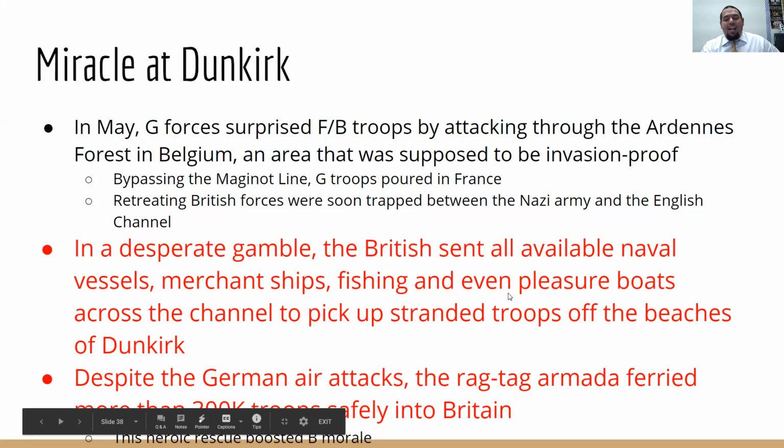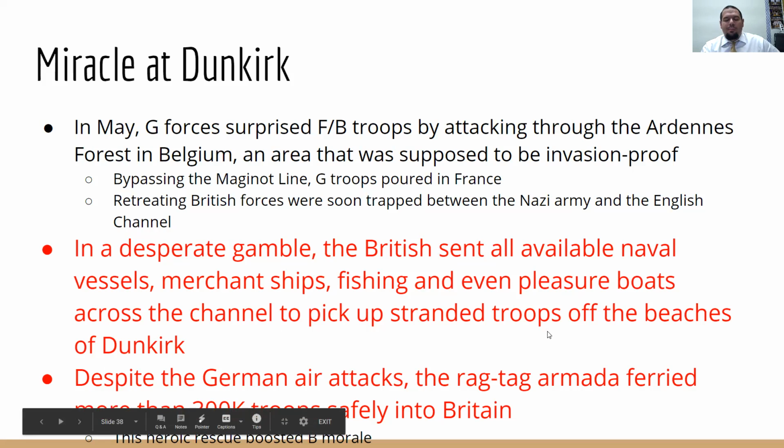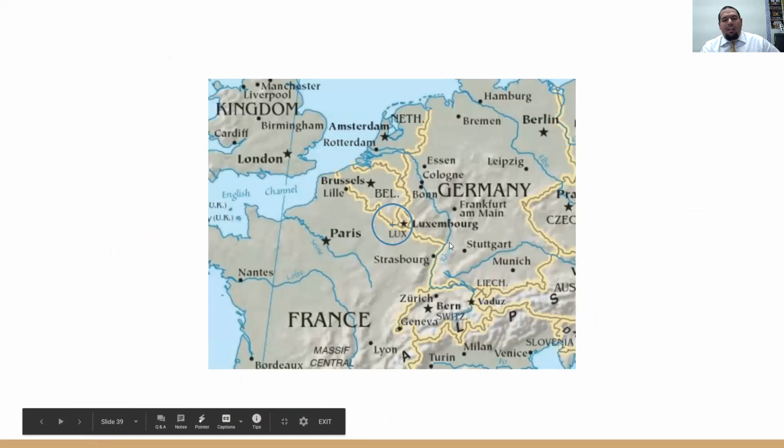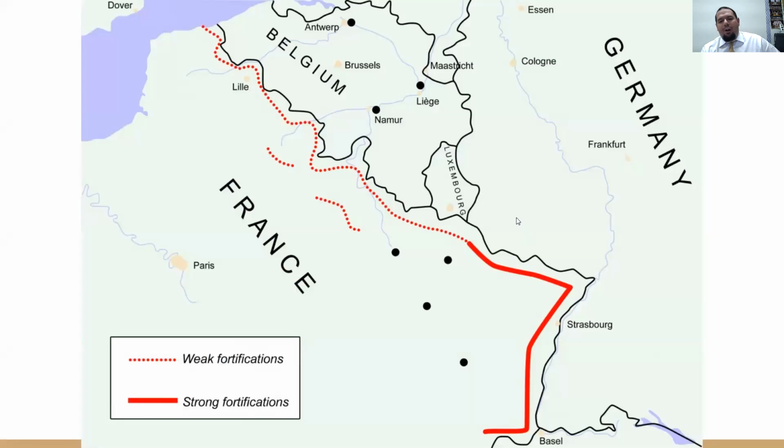Despite the German air attacks, this ragtag armada ferried more than 300,000 troops safely into Britain, and this heroic rescue boosted British morale. And that's the Ardennes Forest, if you remember, right in this area. So kind of off the edge of the Maginot Line.